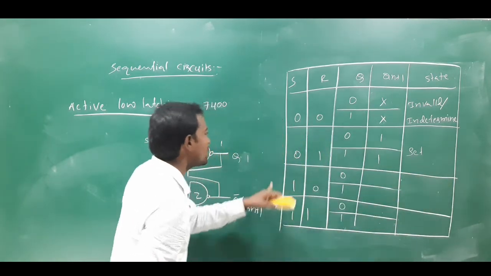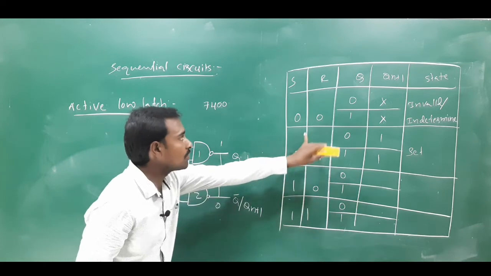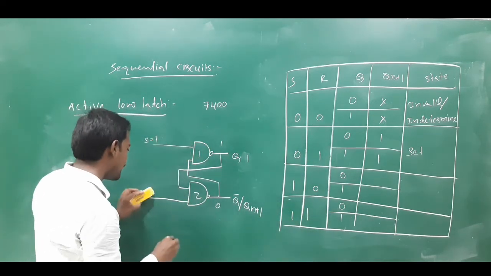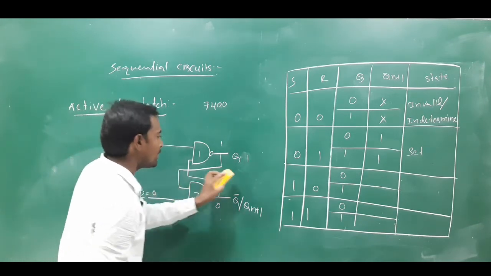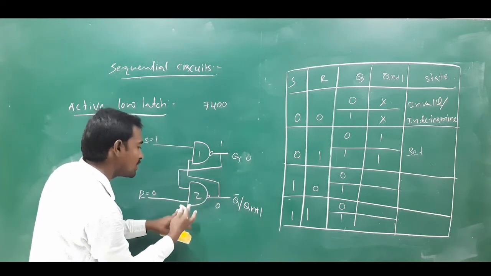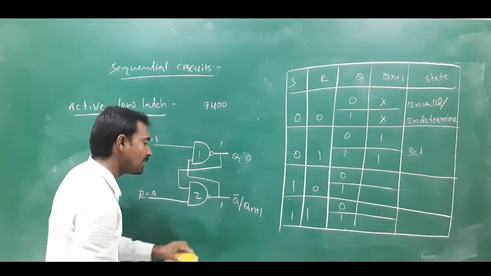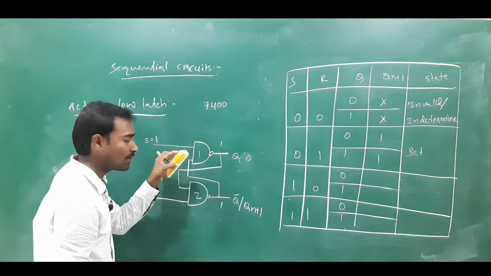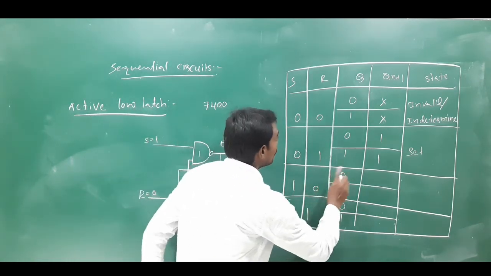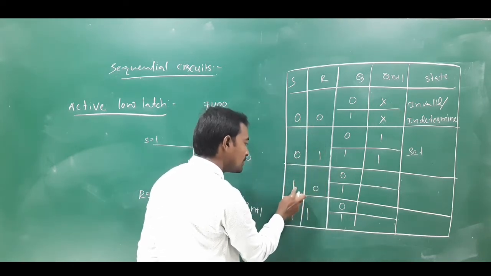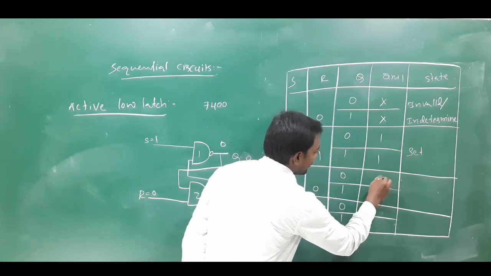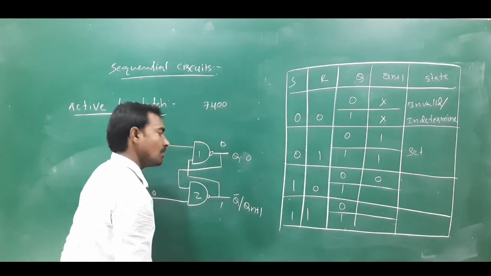Next take S equal to 1 and R equal to 0, and Q equal to 0. 0 cross 0 equal to 0, complement 1, and 1 cross 1 equal to 1, complement 0. So when S is active high and R is active low, the output is active low.